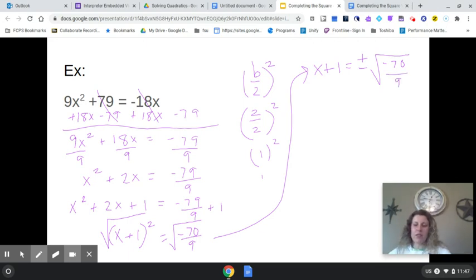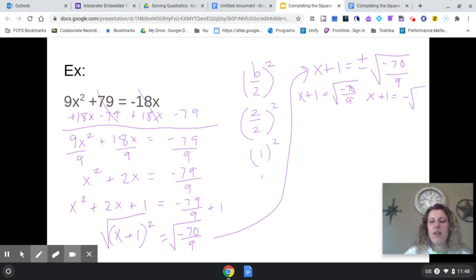Again, we're going to make that into our two equations. So x plus 1 could equal positive root negative 70 over 9, or x plus 1 could equal negative root negative 70 over 9.